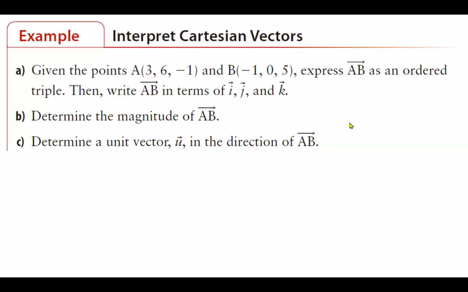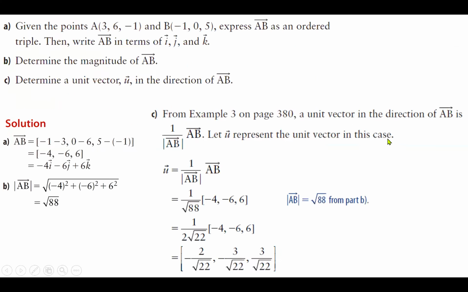Okay, have you finished? Let's have a look at the solution together. Question A: the vector AB can be given by (-1 minus 3, 0 minus 6, 5 minus -1). So the three components are -4, -6, and 6, which can also be expressed as -4i minus 6j plus 6k.